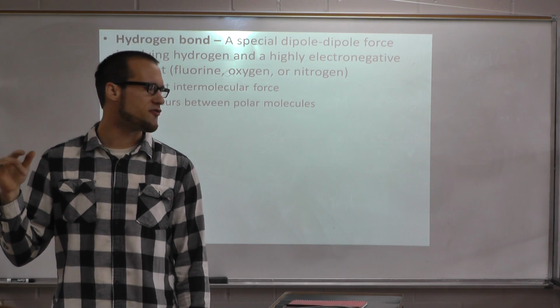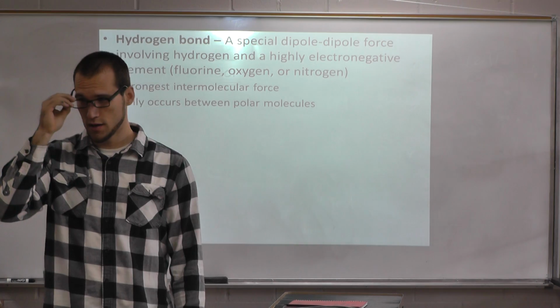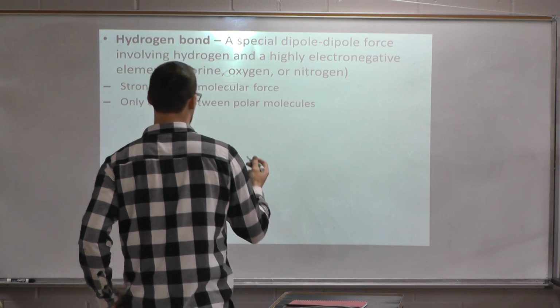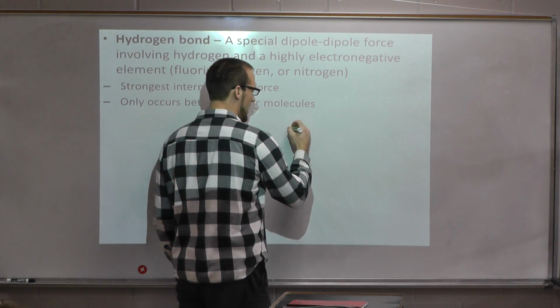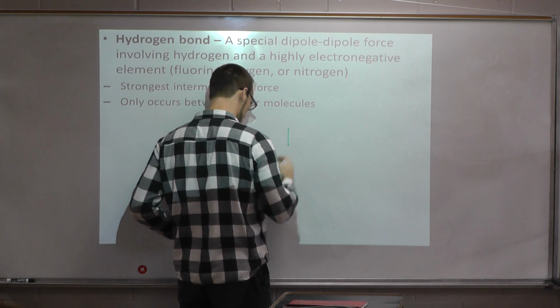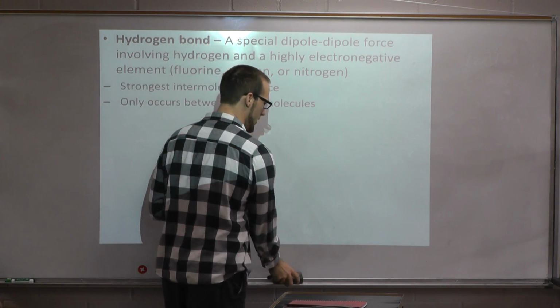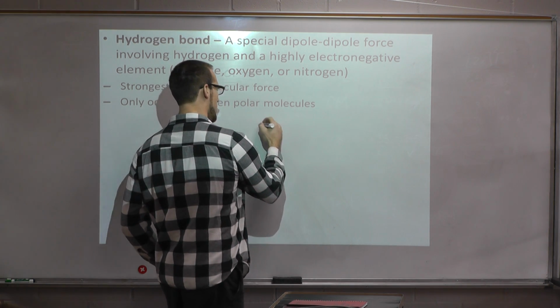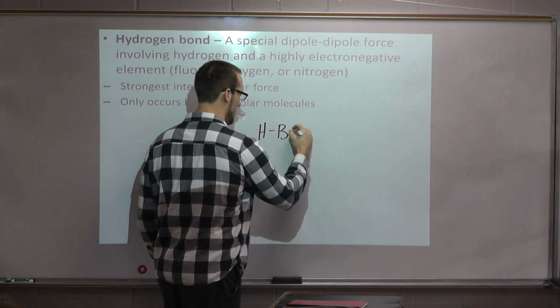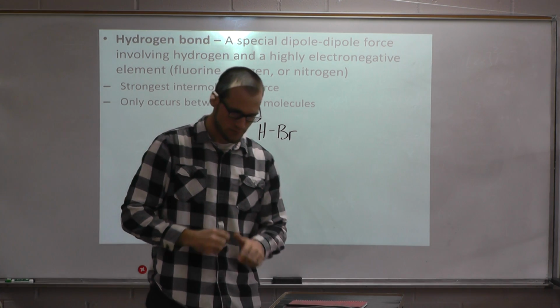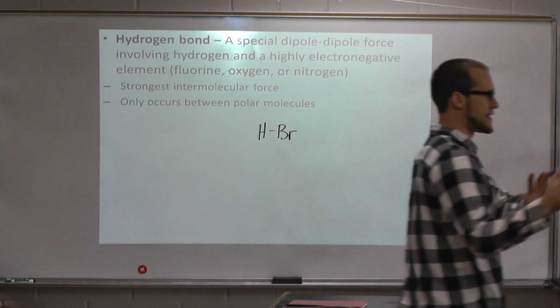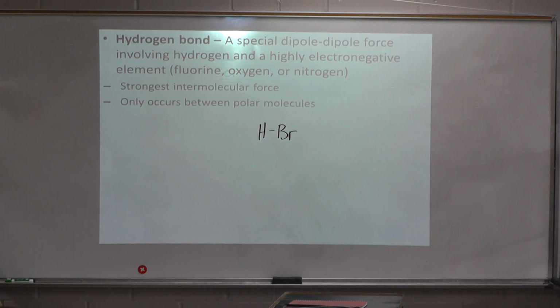Right? Then we talked about two of the three types. What was the first one we talked about? Dipole-dipole. Okay, that was kind of a loaded concept. Well, let's say we have HBr. We went all the way back to talking about electronegativity.